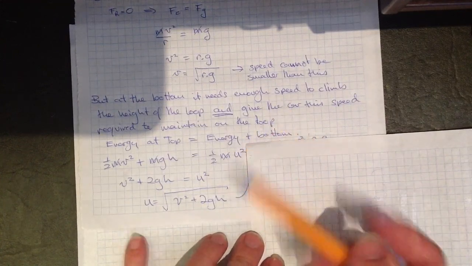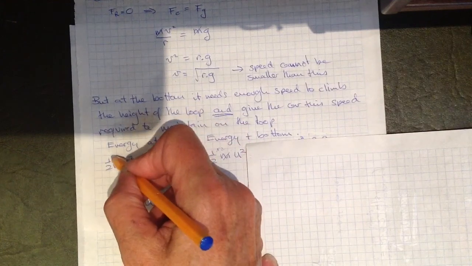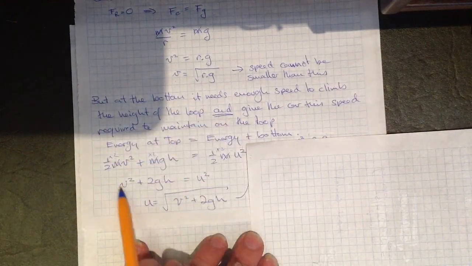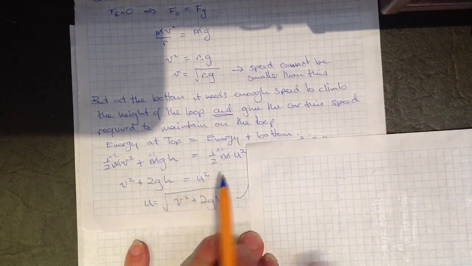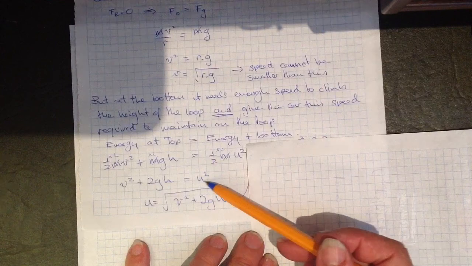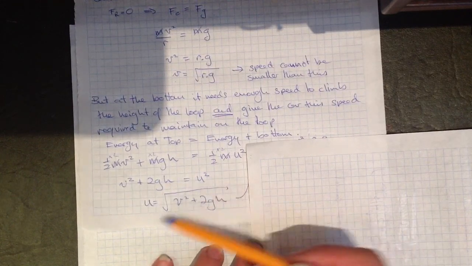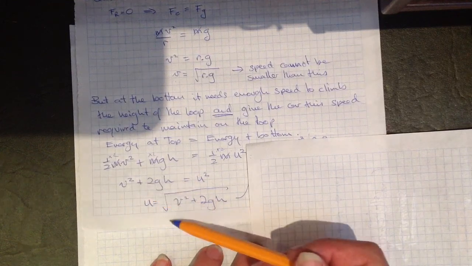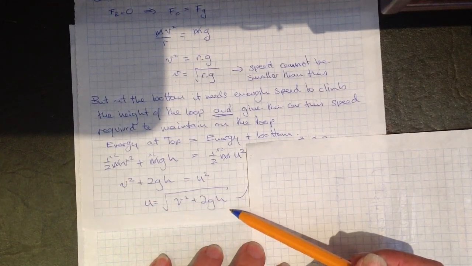Then if I multiply through by 2, we get a line where everything cancels. v squared plus 2gh is going to be equal to u squared. If I then want to identify what speed it needs to be going into the loop, I'm going to solve for u. I take the square root of this side, and I end up with the square root of v squared plus 2gh.